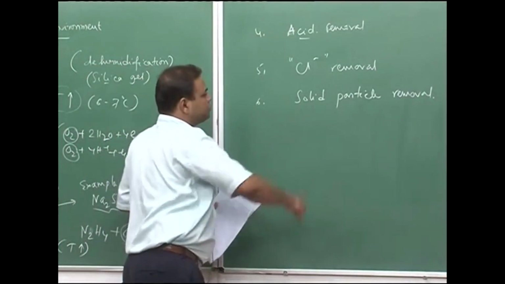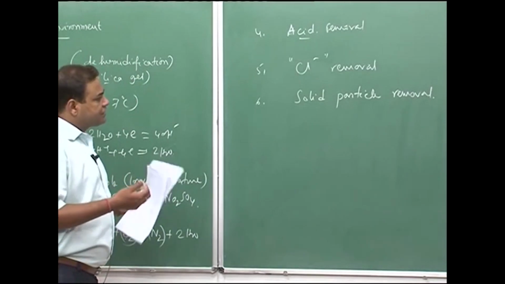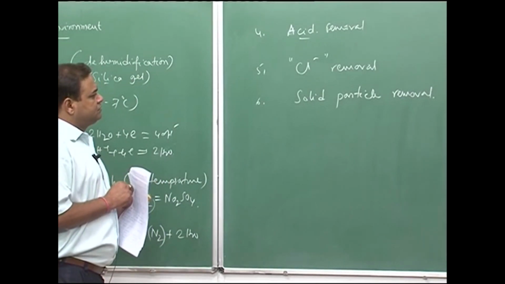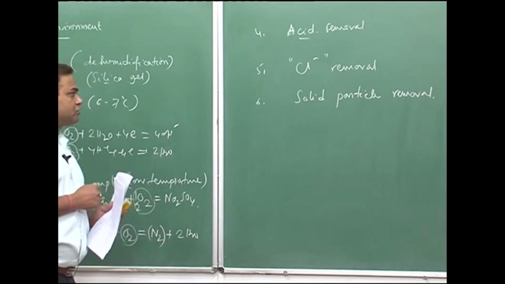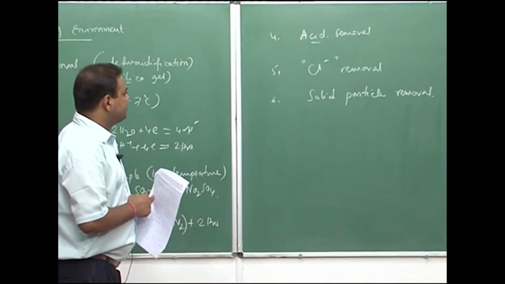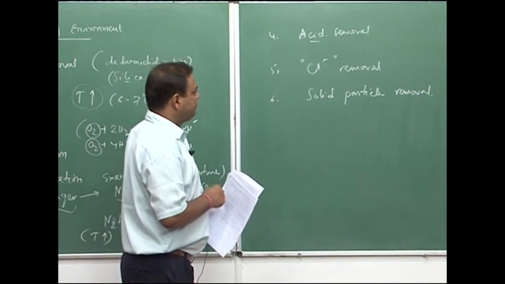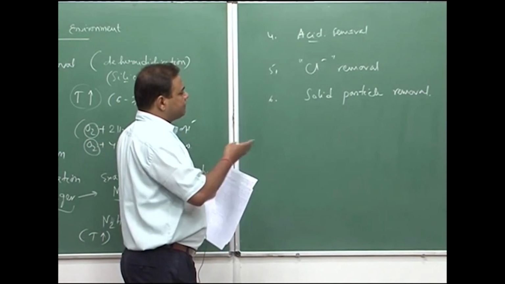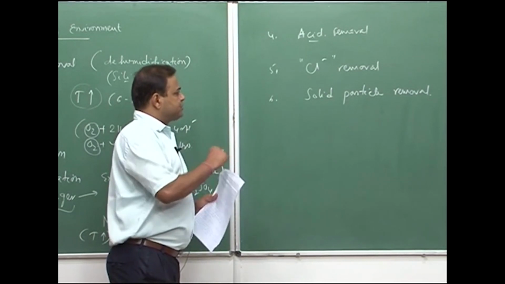If we remove solid particles, we can avoid crevice related attack, since we have seen that solid particles can lead to crevice corrosion on the bottom of a water tank, or they can also lead to erosion corrosion if we have a relative movement of the solution with respect to the metal surface.